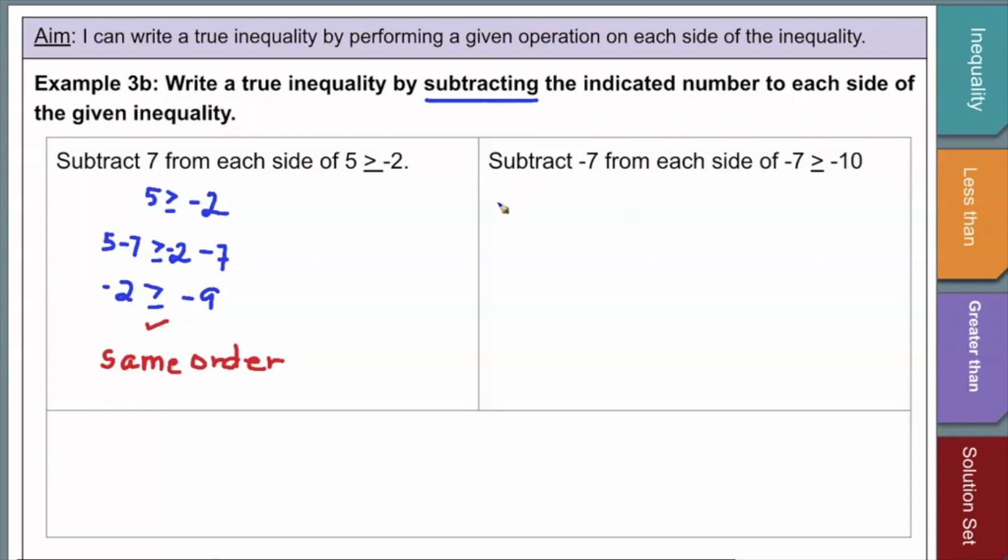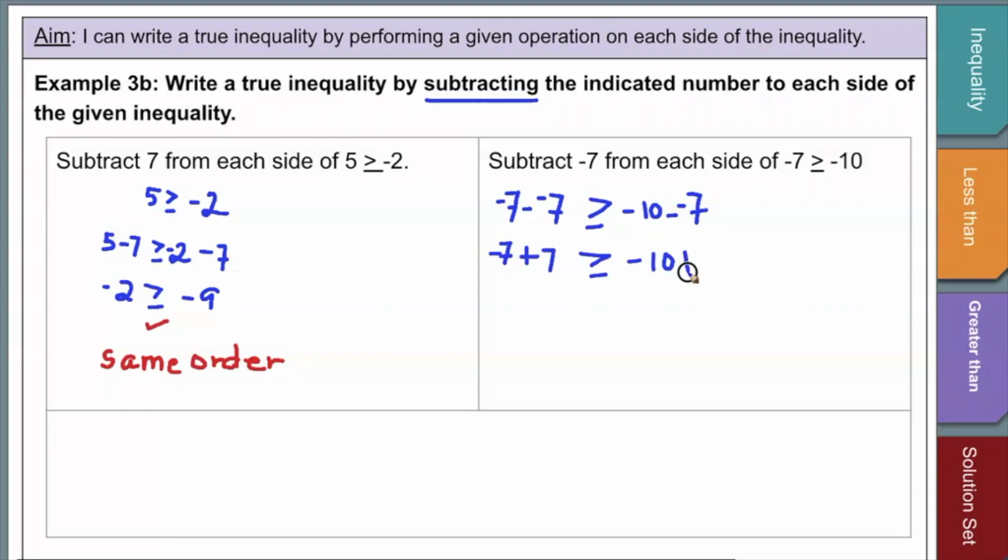Let's look at the second example. Subtract negative 7 from each side of negative 7 greater than or equal to negative 10. We do this horizontally again. So negative 7 minus negative 7 is greater than or equal to negative 10 minus negative 7. Negative 7, and then you have minus and negative, which gives us a positive.